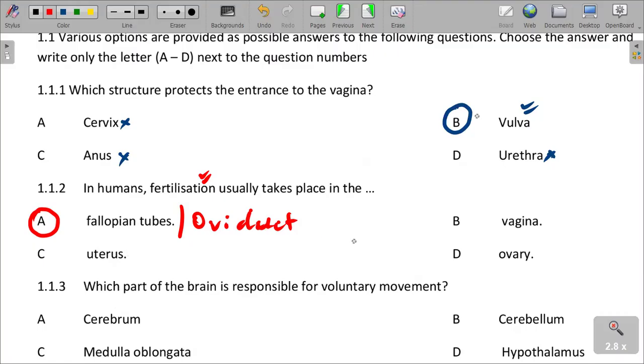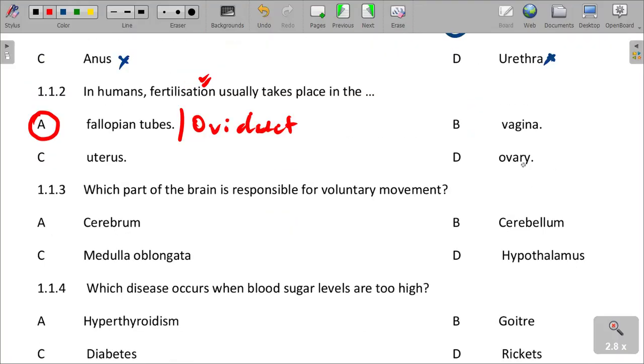The uterus is for implantation. The vagina is the birth canal, also the excretion canal, also the copulation organ. And the ovary is where the female reproductive hormones and eggs are produced. So the one where fertilization occurs is the oviduct.